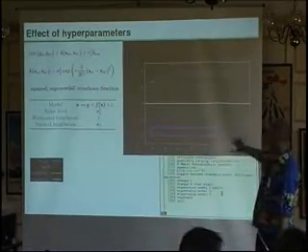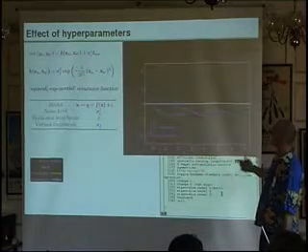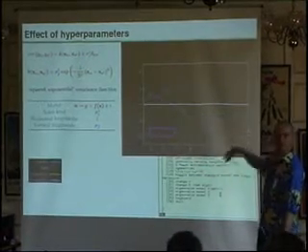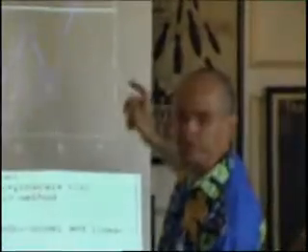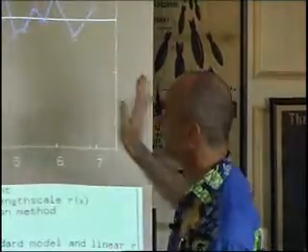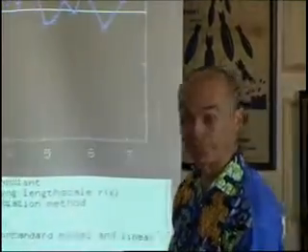What I did in that movie was I took R from a very small value up to a very large value. I'm showing you samples from the 27-dimensional Gaussian distribution. When R is very small, you see very wiggly functions with very little correlation. This could almost be just white noise when you have a very short length scale.